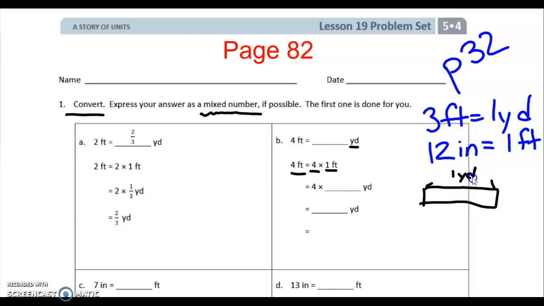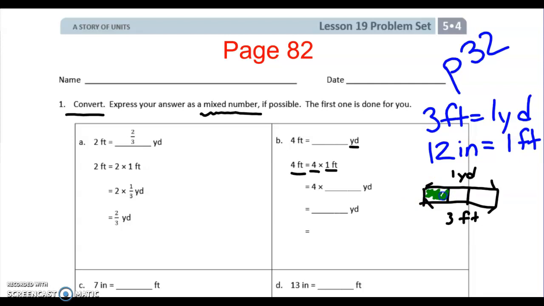I ultimately have a yard. But within that 1 yard, I have 3 feet. So I would cut this into 3 parts. Right? But really in our work here, I just want 1 foot. I broke that apart. So really, I'm just looking for one of these as I shade this in.